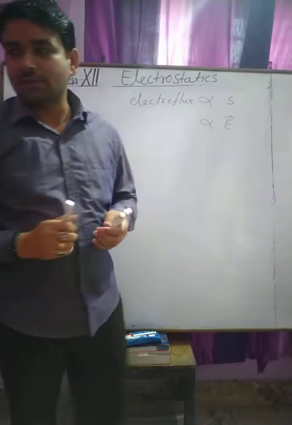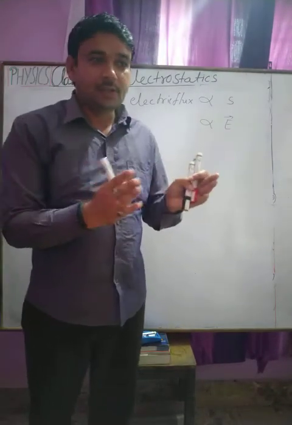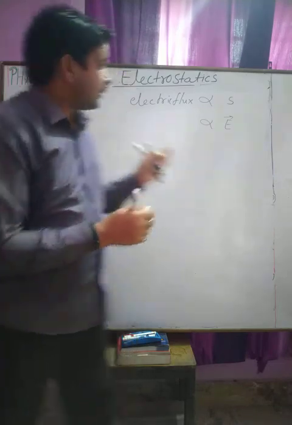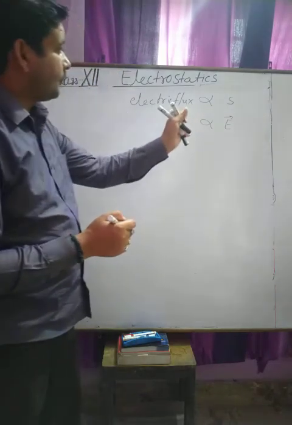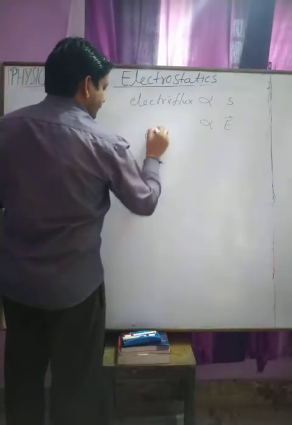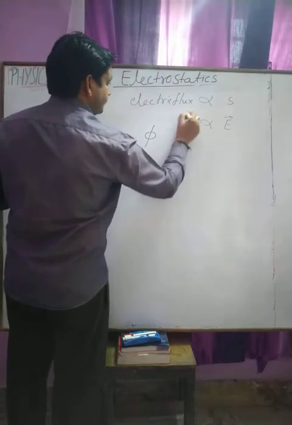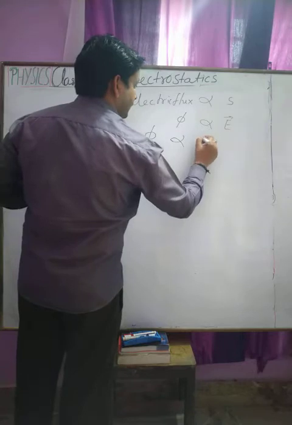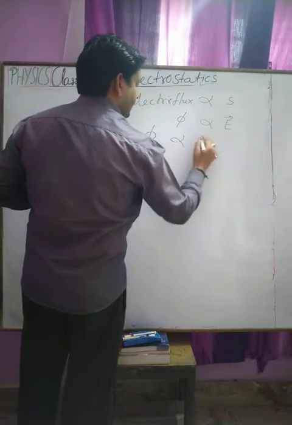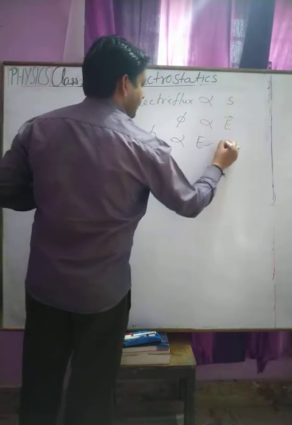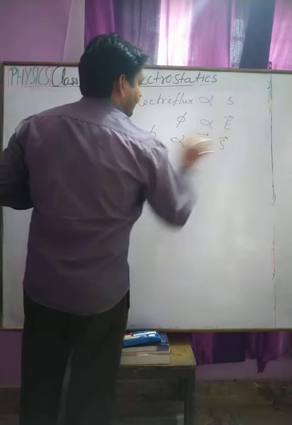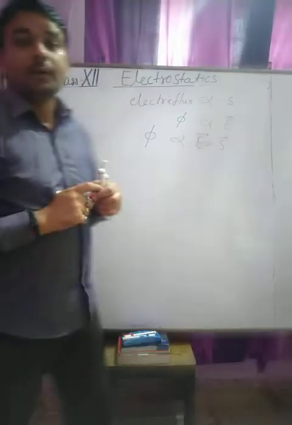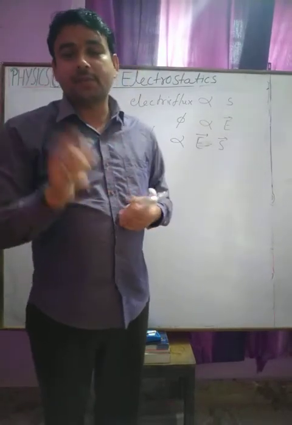We have understood what a surface is and the conditions up to which this surface is calculated. So this flux is proportional to the electric field dot surface. Here we are using surface as a vector quantity.